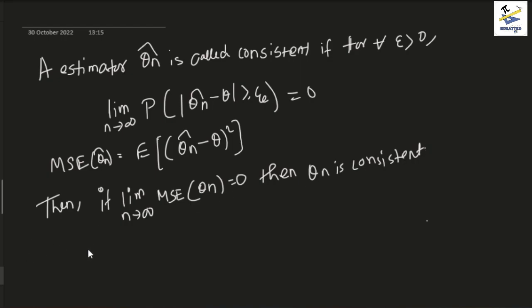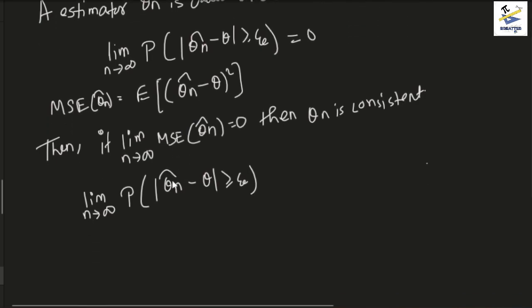We see that this thing here is less than or equal to the variance and bias, right?